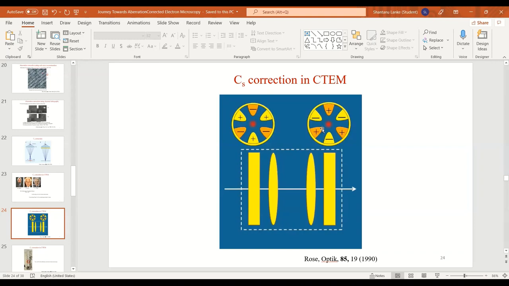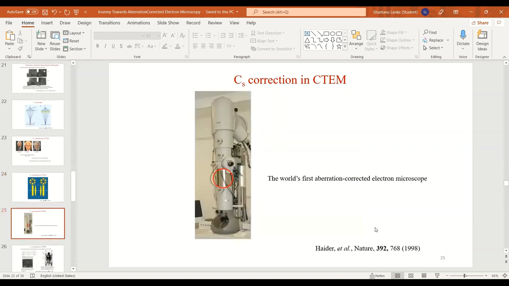This combined lens is basically the diverging lens of Rose, which was proposed in 1990. And this was the first aberration-corrected electron microscope of Max Haider and Knut Urban.